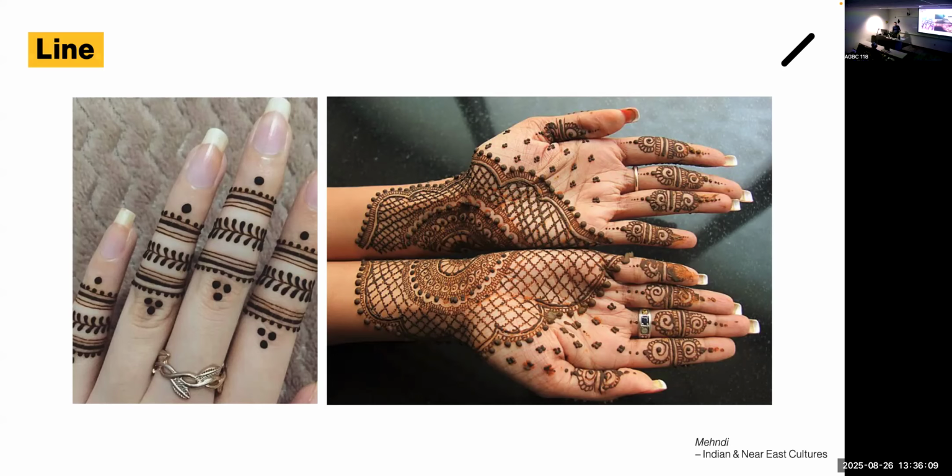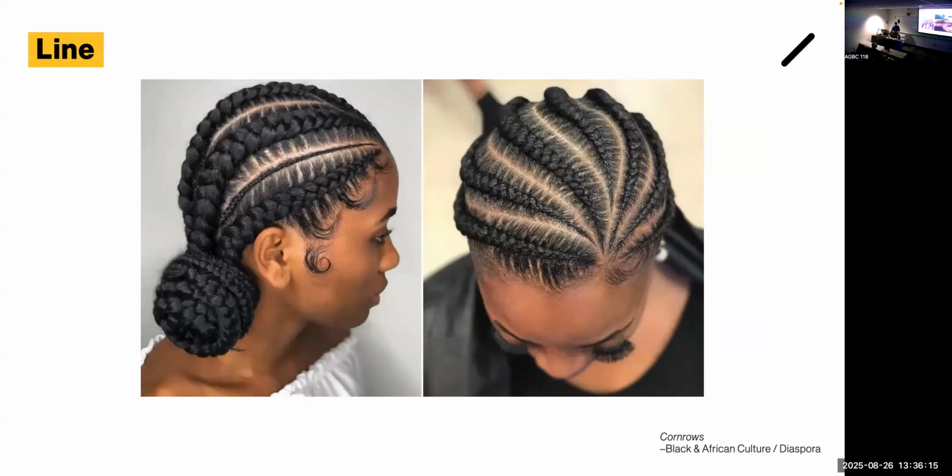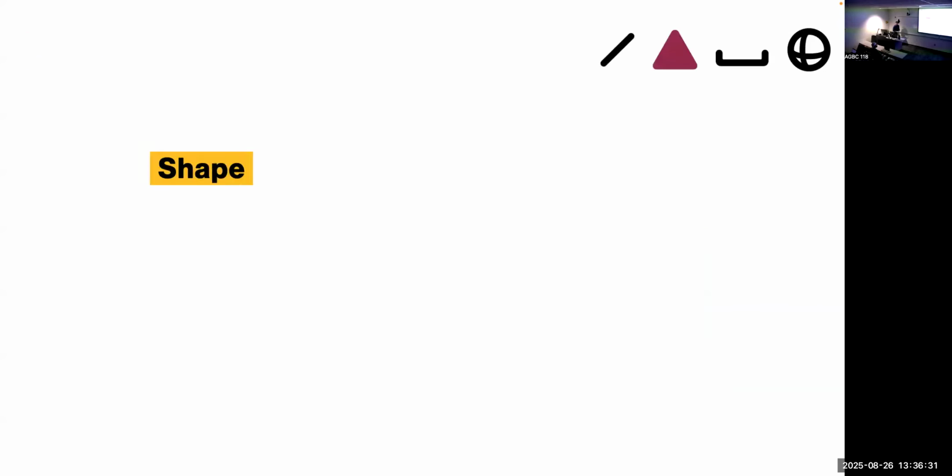Lots of South Asians use henna in order to demarcate special occasions and things like that. Cornrows are also a great use of line, right? You're using strong forms of line in the hair, and that can even be used as a form of symbolic identification, right? So, cool. We talked about line for a minute here.